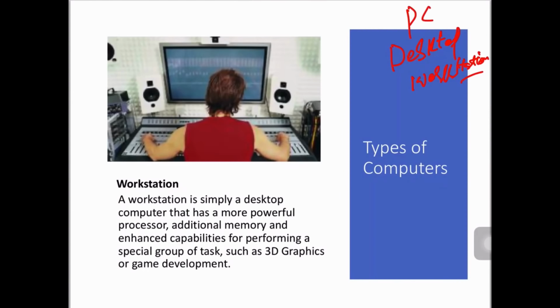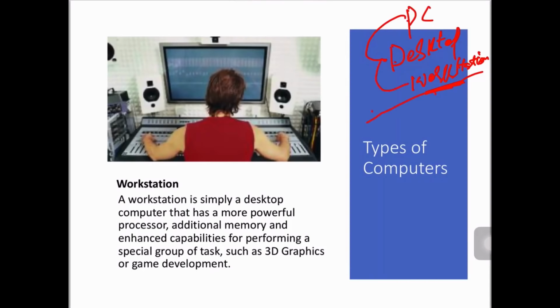We often use PCs and desktop interchangeably. Computers with high processing power are normally referred to as workstations. Even in the office environment, people use PCs, desktops and workstations interchangeably.